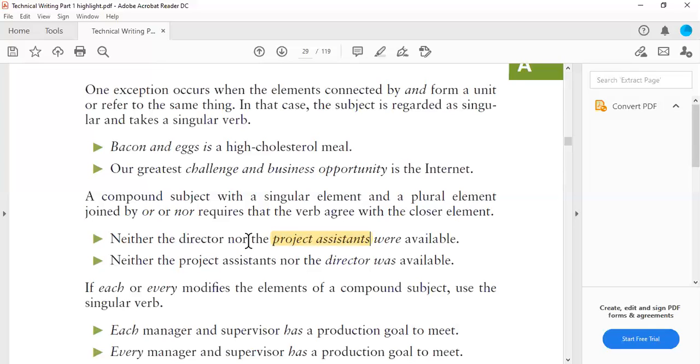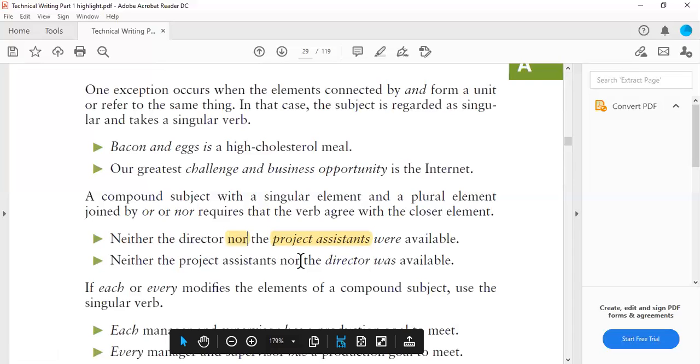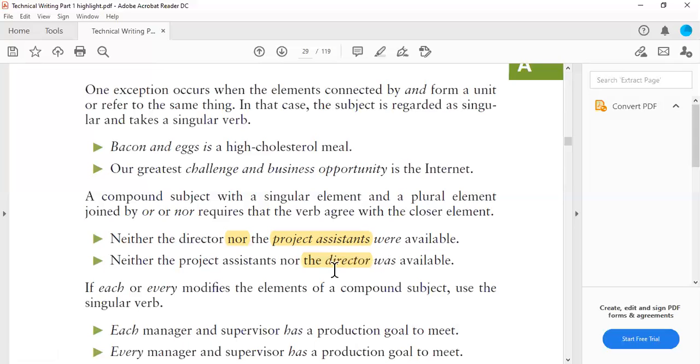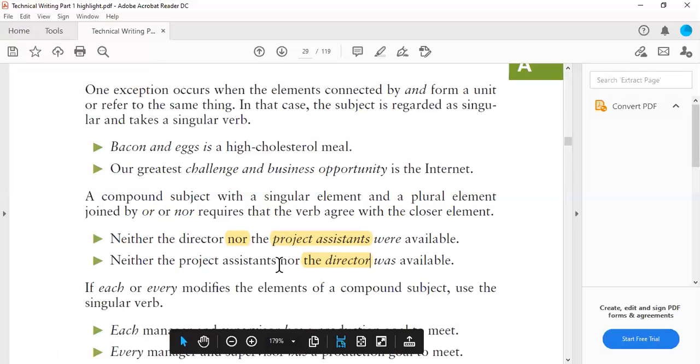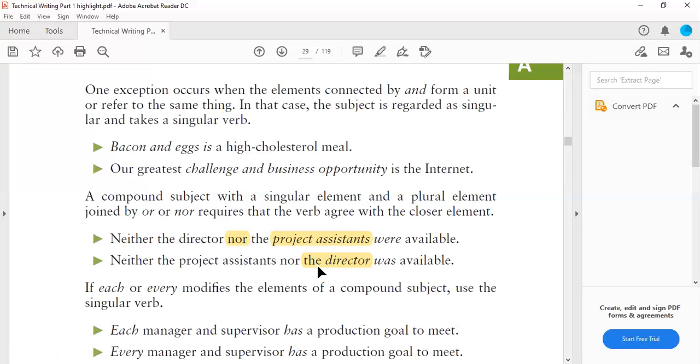Now look at the second example. Neither the project assistants nor the director was available. Why? Because the director is singular, that's why it has to be was. So what comes after nor, if it is singular, then was. If it is plural, then were.